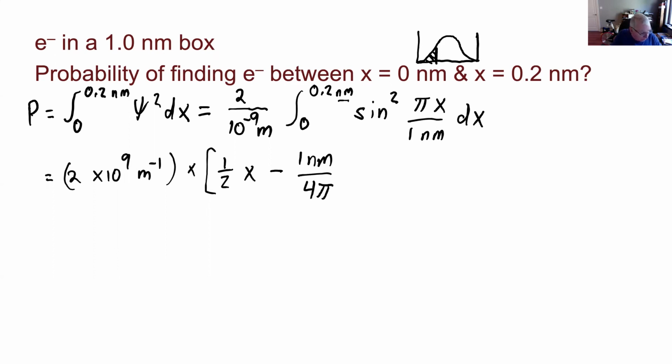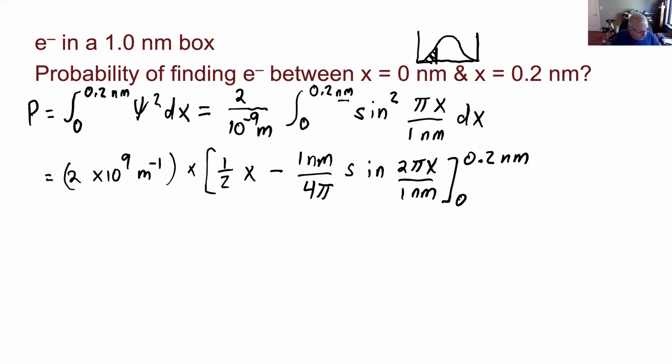And again, I just look up the form of the integral for this. And that thing has to be evaluated at the limits, 0 and 0.2 nanometers.